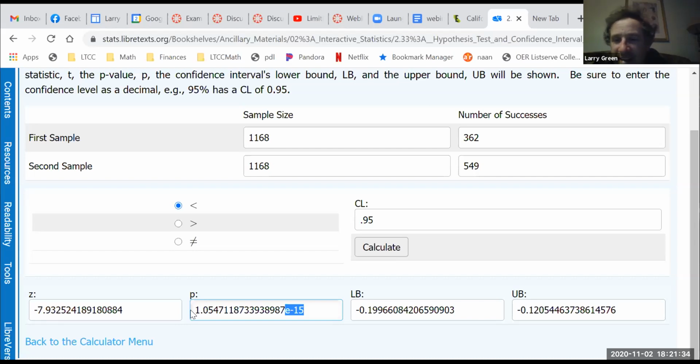What does that tell you when the p-value is about as close to 0 as it gets? One more guess, Kevin? Yeah, this is as strongly significant as it gets.